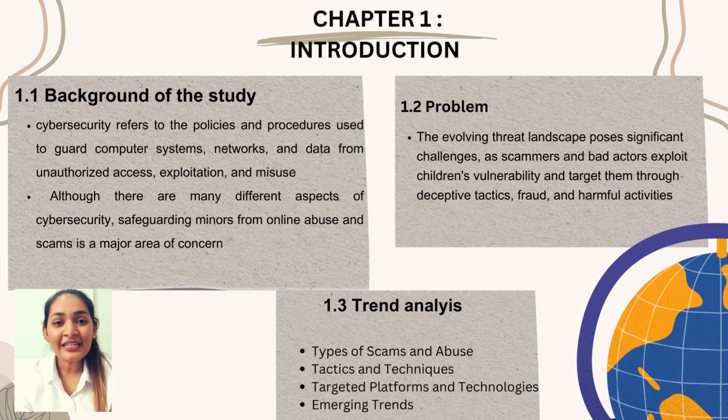Although there are many different aspects of cybersecurity, safeguarding minors from online abuse and scams is a major area of concern. Children are exposed to a variety of online threats as a result of the quick development of technology and the growing reliance on digital platforms. Scammers and bad actors take advantage of their gullibility and target them with fraud, abuse, and scams.